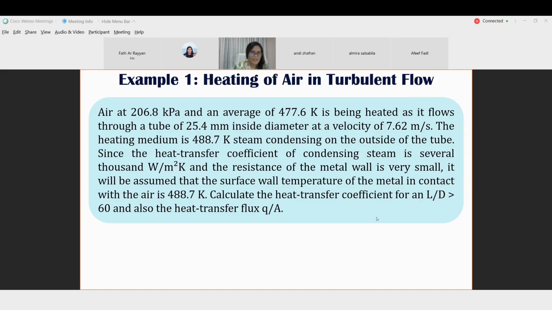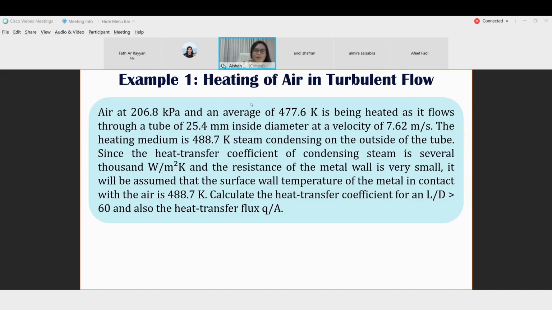Okay, someone somehow already found the Prandtl number, which is 0.686. Okay, temperature 1 and temperature 2. Yeah, I think this is pretty much it. Okay, so let's try and solve this.